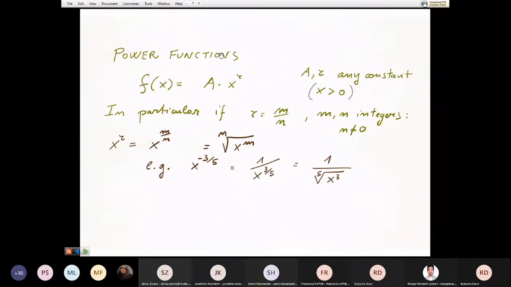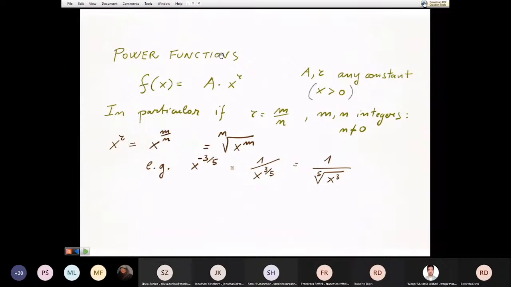Okay? For instance, x to the power of -3 over 5, negative exponent means 1 over the same power function with the positive exponent. 1 over x to the power of 3 over 5, so 1 over the fifth root of x to the power of 3, basically. Okay? Clear?